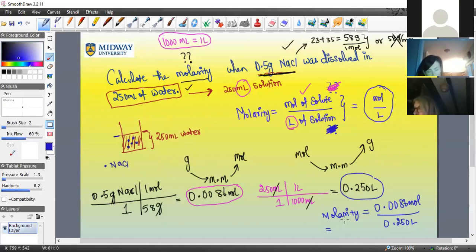So now you do the math and you will get the right answer. Okay, 0.034 molarity. That's the concentration.